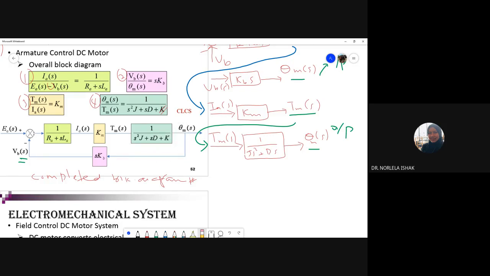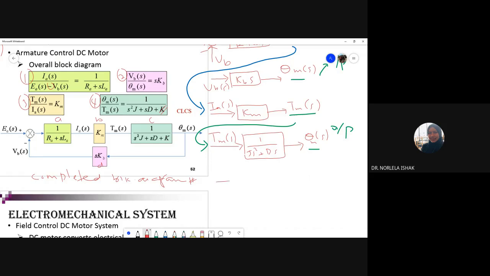Okay, good. So there are 3 types of connection. The first one, we have 3 blocks, and we can cascade those blocks. I label them A, B, C, and let's say I put D. A, B, and C we can cascade. From the complete block diagram, we simplify to define the transfer function.